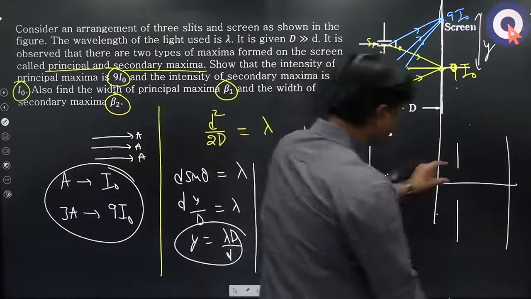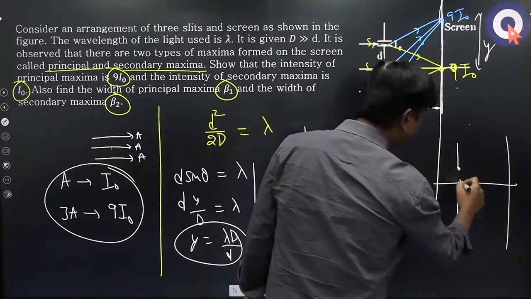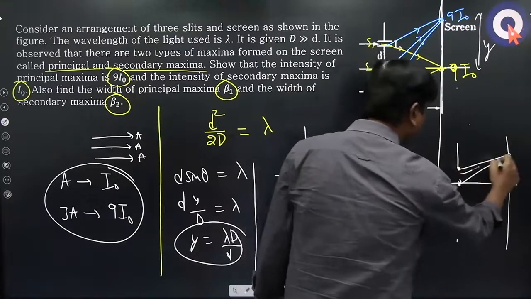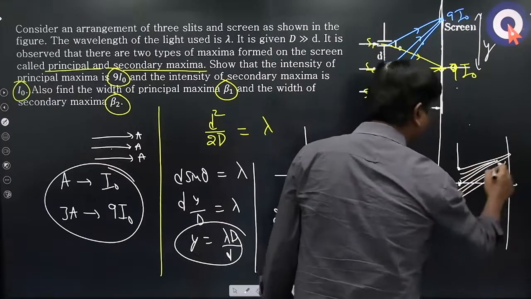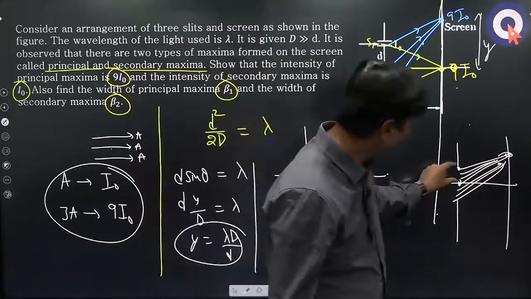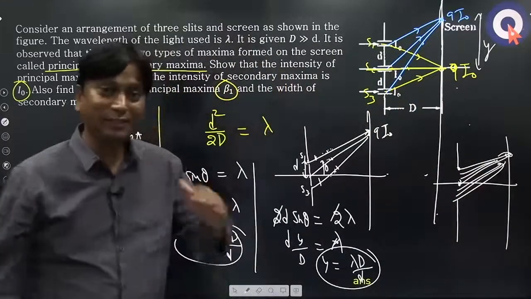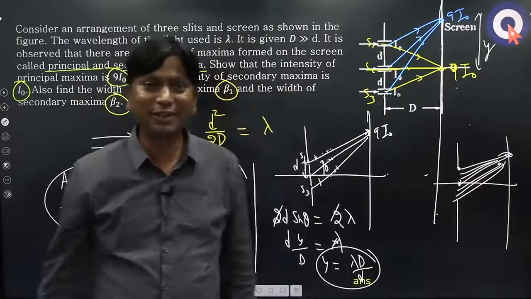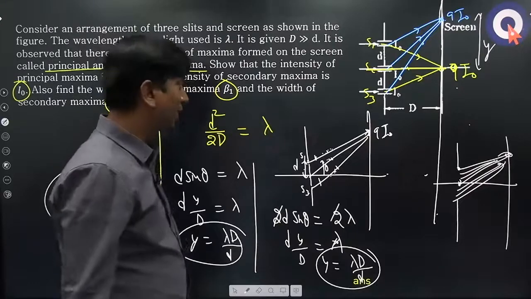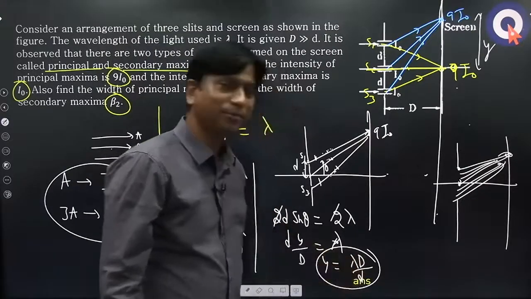So if these two here and here form the first minima, all these will form minima with all these. So totally you will get a minima, right or not? So that time I used a by 2 into sin theta is equal to the minima condition, which is lambda by 2, assuming the slit is divided into two equal halves. Same method we will take here also. So width of the principal maximum will be lambda capital D by small d.